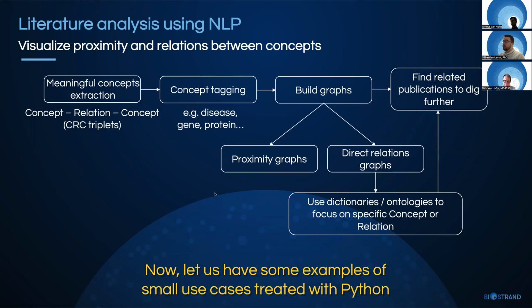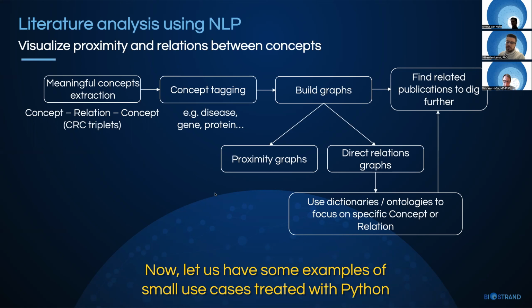In the following, we will identify different graphs, one that we call proximity graph, which displays abstract relationships between concepts depending on semantic proximity in a text, and also direct relationship graphs, which are basically direct relations between different concepts in the same format as what we have shown previously, based on the triples.